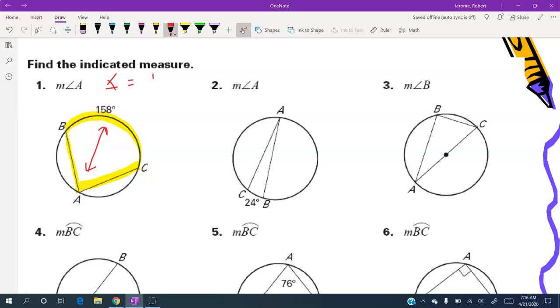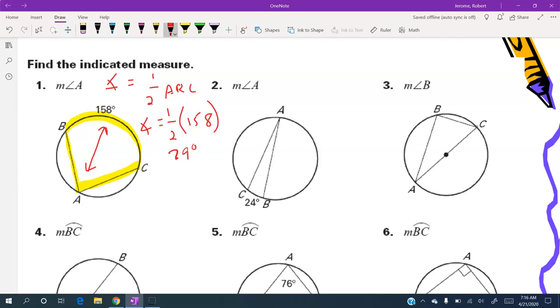Angle equals half arc. We're going to plug in the one we know. In this case, we know the arc. So angle equals half, and our arc is 158. When we divide that out, we get 79. So our angle in this case is 79 degrees.